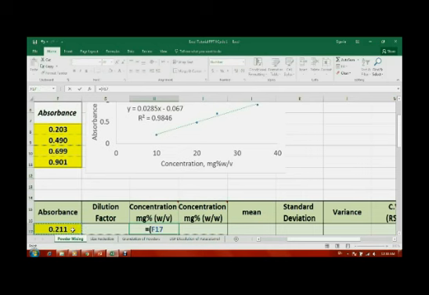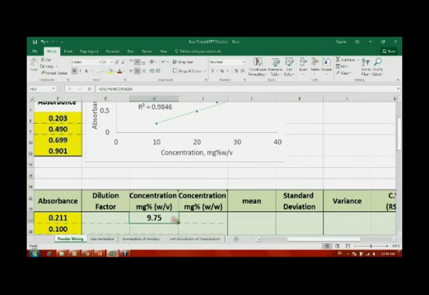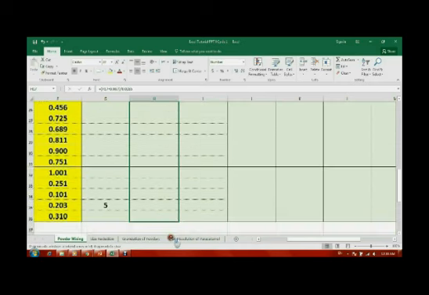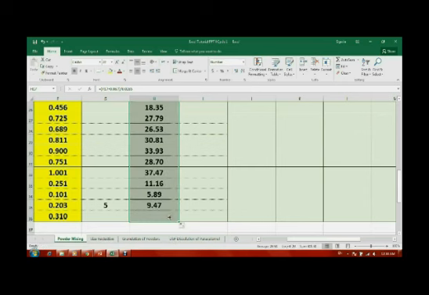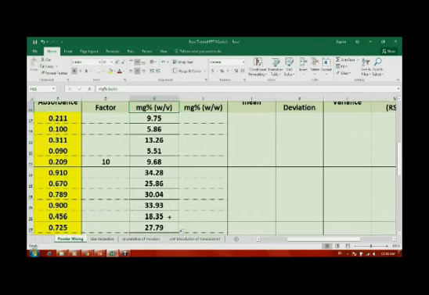Again, because the calibration curve from which we extracted the equation was plotted using concentration in milligram percent weight per volume. Remember to multiply the concentrations by dilution factor when applicable.